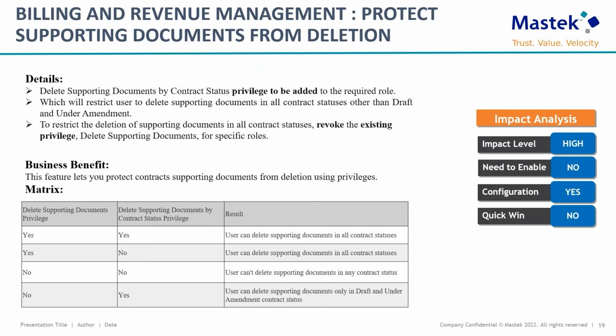Many a times, business asked me that they want to restrict document deletion when the contract is in active status, but it was not possible with the delete supporting document privilege. If we add this privilege to user role, that allows user to delete supporting document in any state of contract.